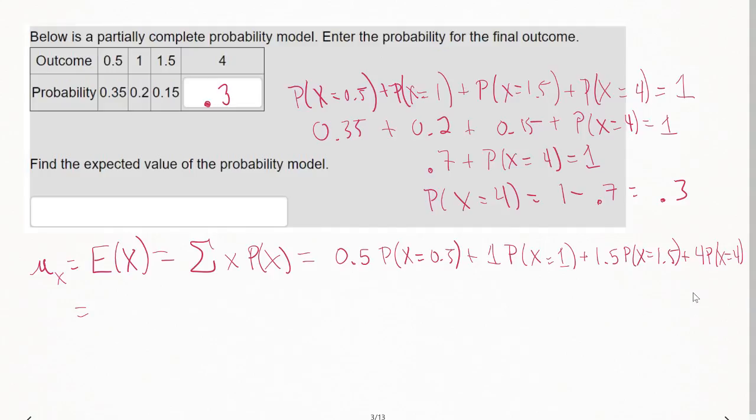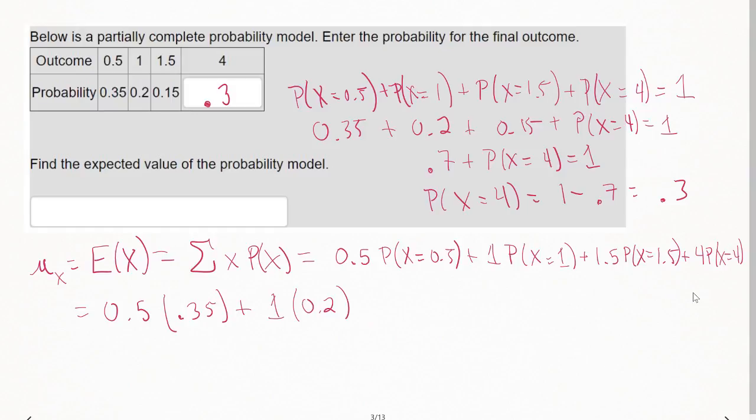So now let's just fill in those probabilities. The first one, we have 0.5 times, what's the probability that x equals 0.5? Well, it's 0.35. Okay, we can see that there. And then plus 1 times probability that x equals 1 is 0.2. Okay.